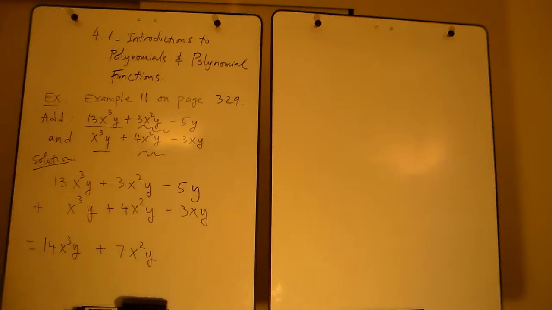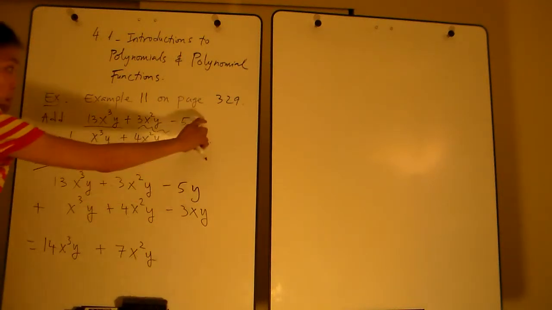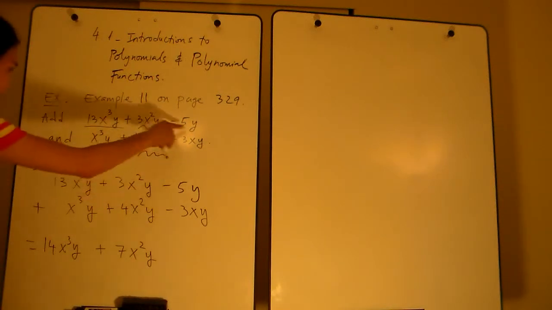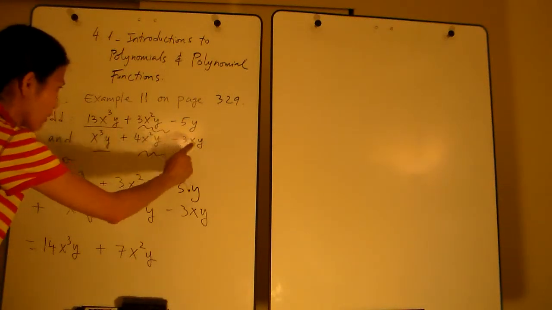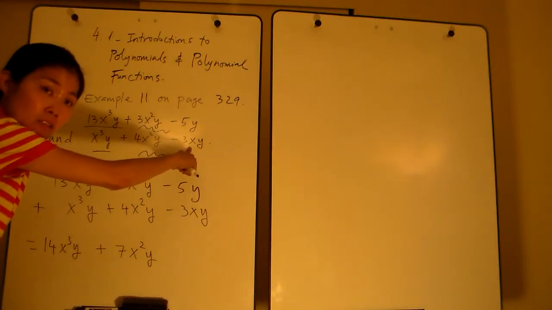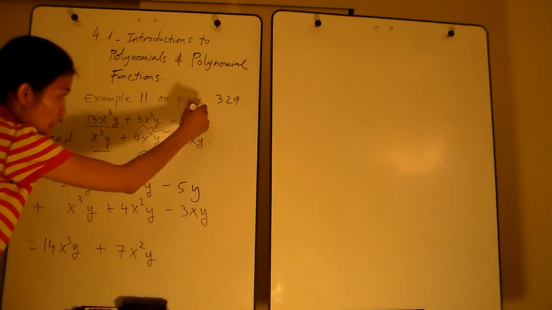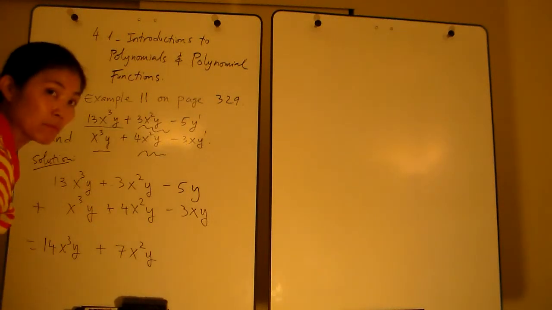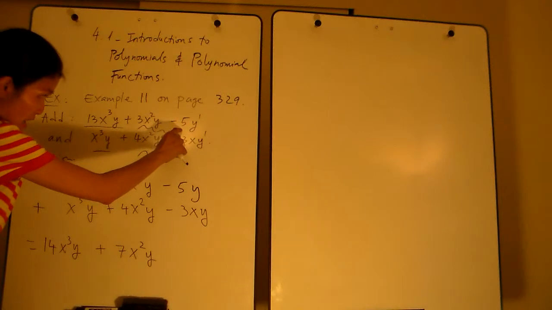How about the last 2 terms? This term has y as a variable raised to the first power. Look for any other term. This one, right? But the thing is that it has the x. Even though y is raised to the first power right here, they're not the same because this term does not have x.